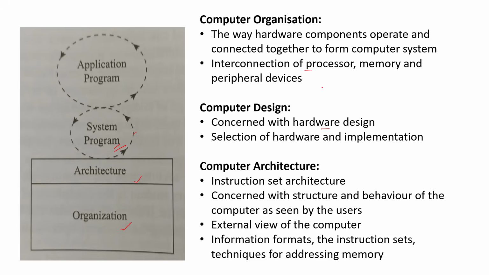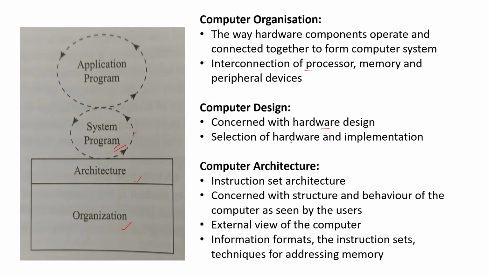All of these have a very thin line of difference. Computer organization is like how we organize the things in our home in appropriate places as per requirements, how we can perform a specific task. Whereas computer design is related to hardware design.